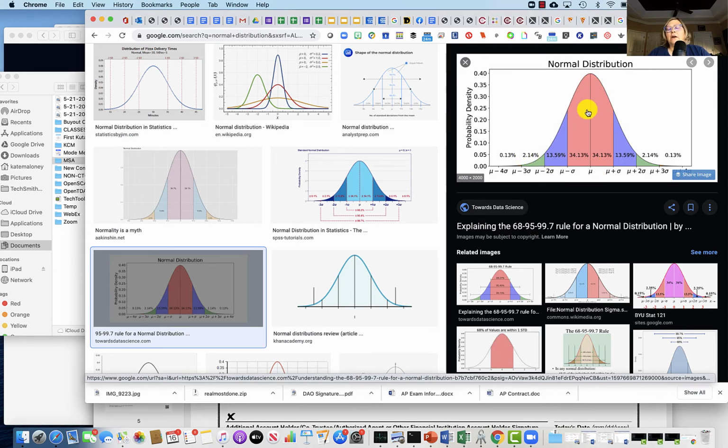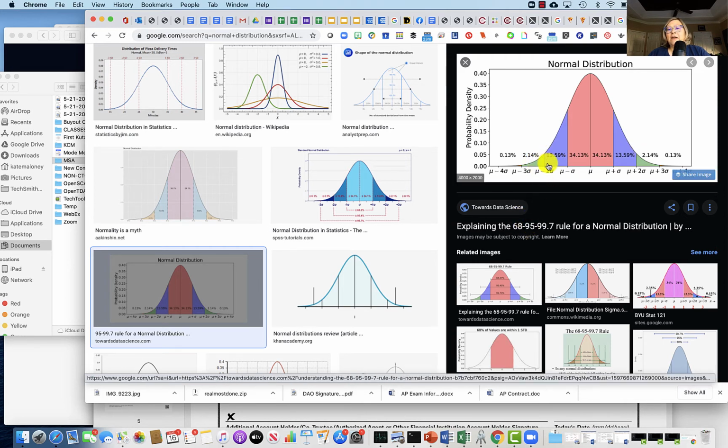One of the tools that makes using normal probability distributions useful is what's called the empirical rule, the 68, 95, 99.7 rule. That tells us that a little more than 68% tends to be clumped right here in the center, which is why it's called central tendency. Then you add another 14 and 14, 27, so 27 plus 68 gets us to 95.